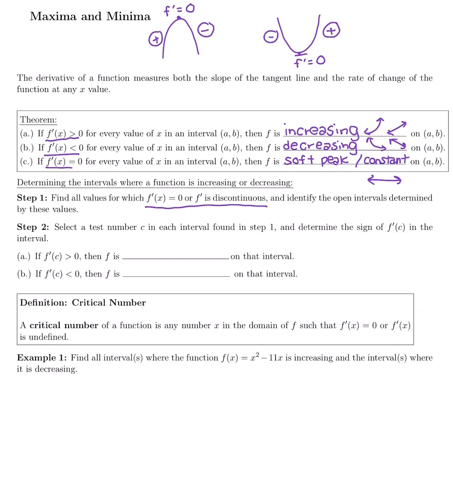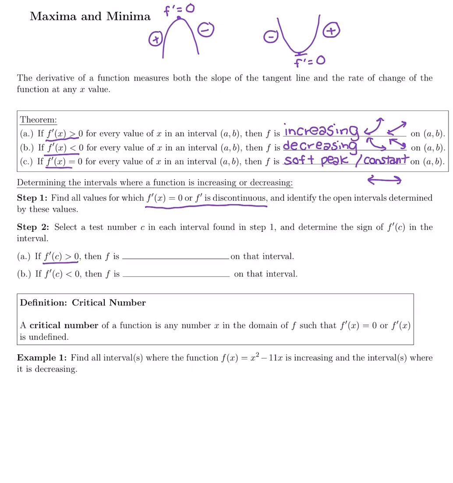And identify the open intervals determined by these values by doing step 2, testing a number before and after the critical number to see what the derivative is doing. So if 6 makes the derivative 0, you plug in f prime of 6 and you get out 0, you want to test a number before 6, like maybe 5, and a number after 6, like maybe 7. And then determine what's happening with the derivative before and after.